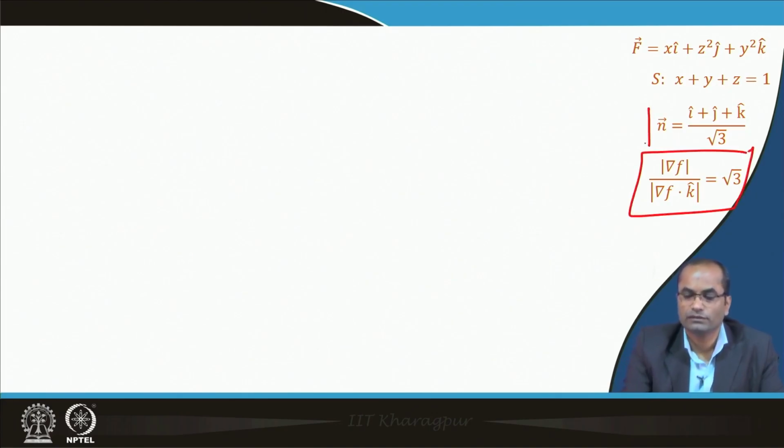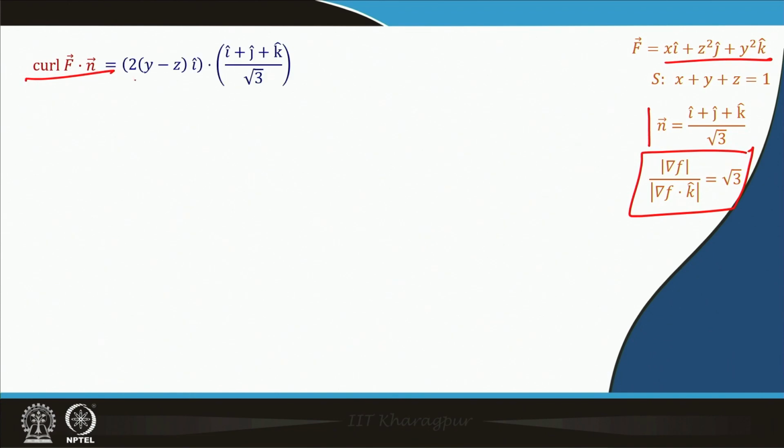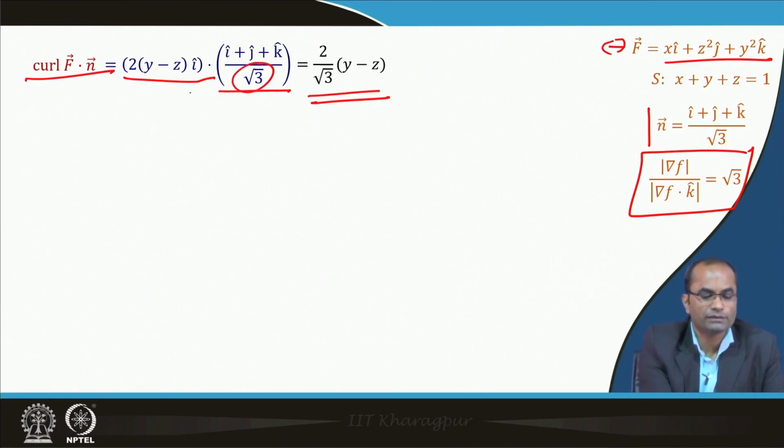We need the normal vector, and we have the f there. So, curl f dot n needs to be computed. The curl f we can compute. We are not going to compute it here, but that will be 2 times y minus z i, dot product with this unit normal vector, and that is coming only because of this i component.